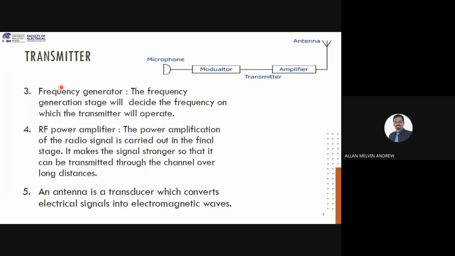Then you will have a frequency generator. Once it enters the RF amplifier, you cannot give an electrical signal to a radio frequency amplifier. You need to use electronics, because the amplifier will receive the electrical signal, and an electrical signal cannot be transmitted as an electronic wave.